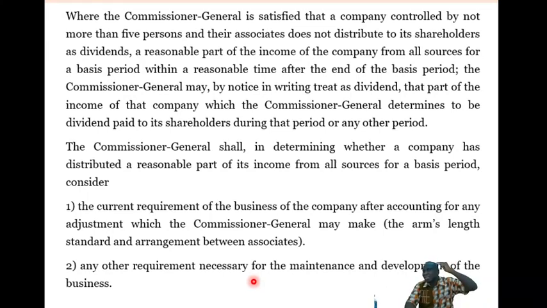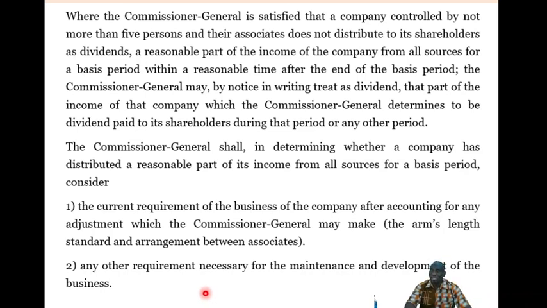So in deciding whether to declare a reasonable part of the profit as dividend to the shareholders, you should also look at the requirement necessary for the maintenance and development of the business. If genuinely they really need to plow back the profit for maintenance and development of the business, then he will back off from declaring that reasonable part of their income as dividend.